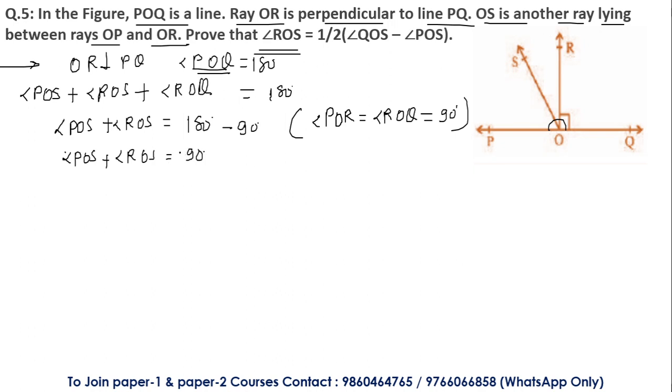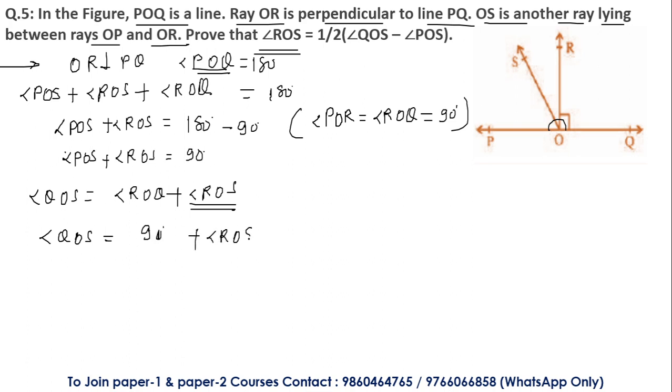Similarly, we know that angle QOS is equal to angle ROQ plus angle ROS, and ROQ is equal to 90 degrees, so angle QOS is equal to 90 degrees plus angle ROS. So angle QOS minus angle ROS is equal to 90 degrees.